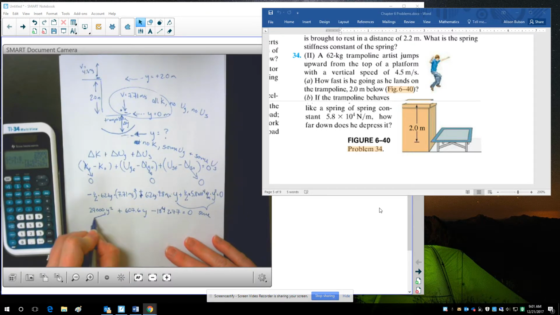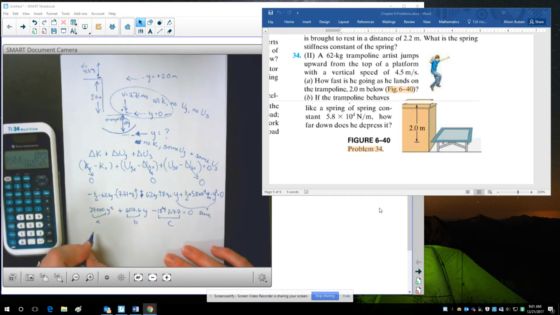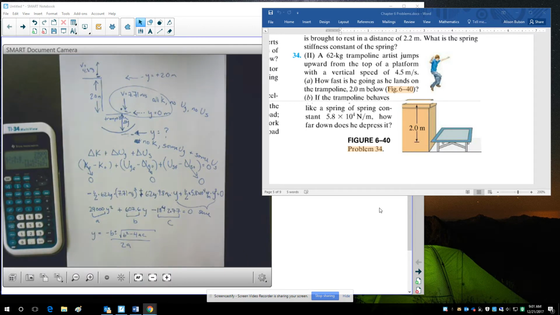So here's my A, here's my B, here's my C, noting that C is a negative number. And so we'll say y equals negative b plus or minus the square root of b squared minus 4ac over 2a.